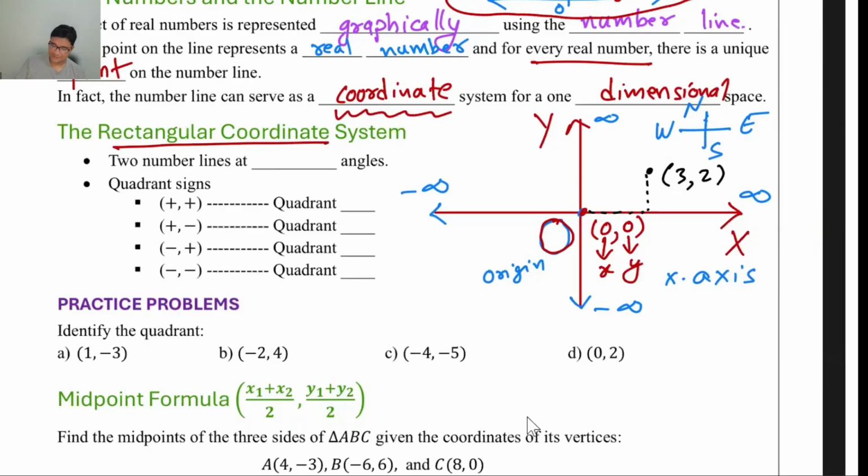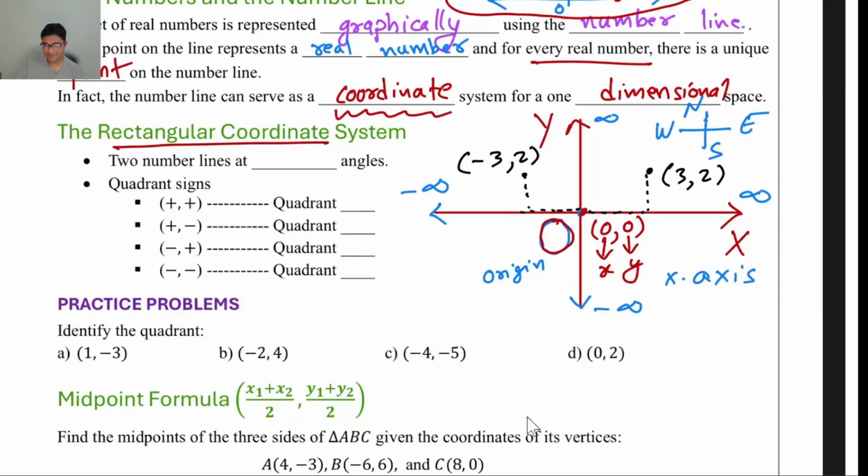And if you were to go to this side, you would first be moving left on the horizontal, and then moving upward in the vertical direction. So its coordinates would be negative 3, 2.